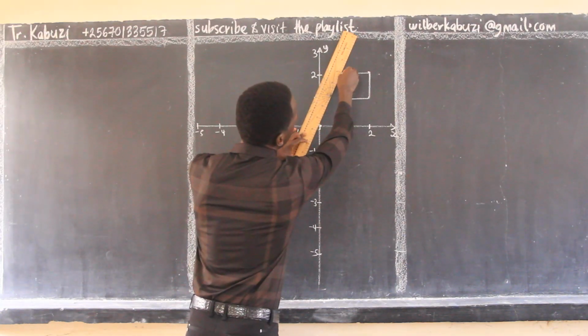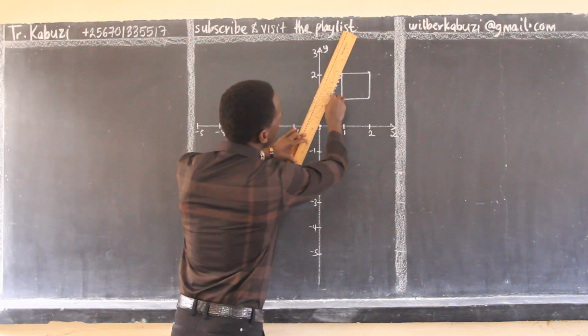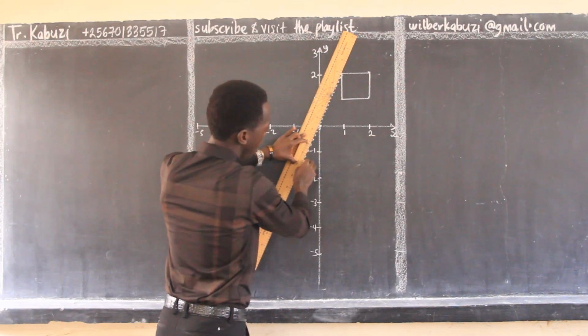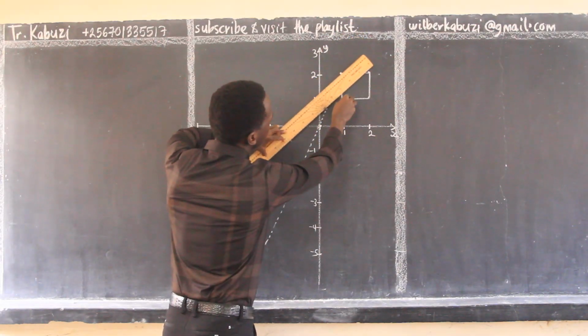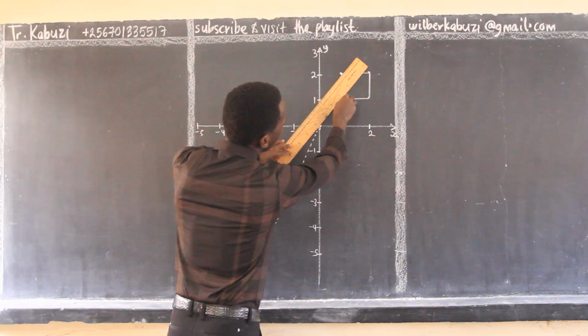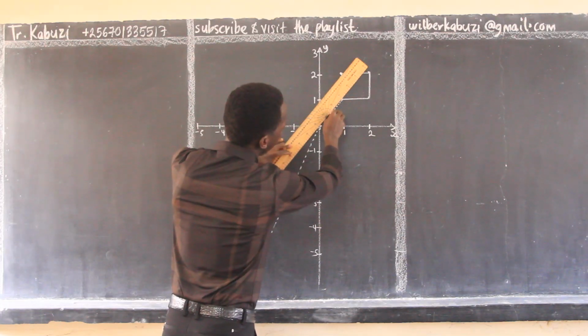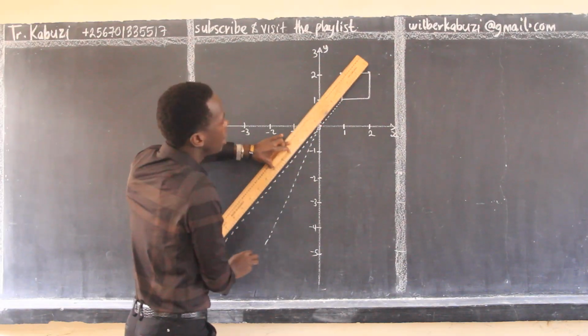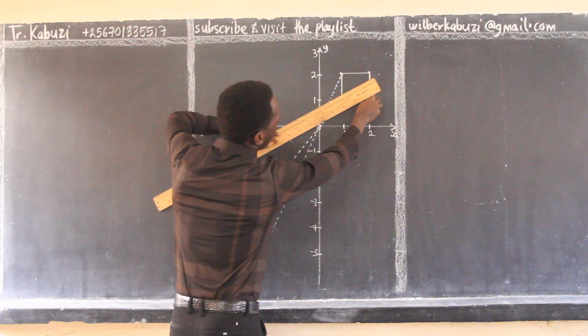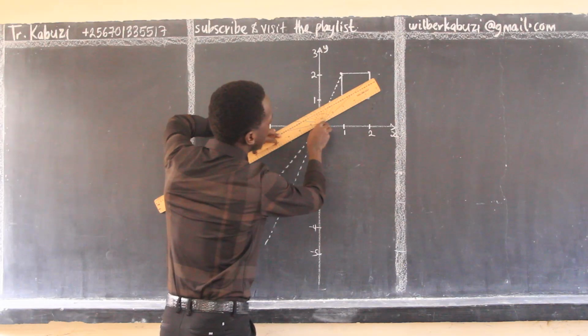So you join that in that order. You also join this. Then you also join the second, the third vertex.